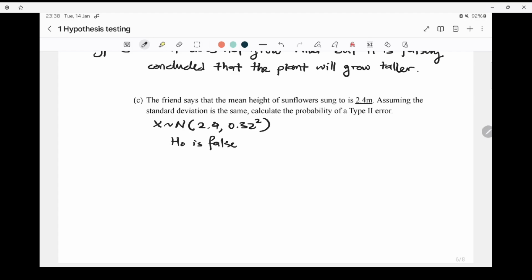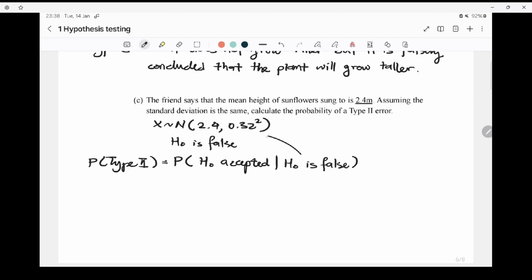So now you can calculate your type 2 error. Remember that for type 2 error, what you need to calculate is that you accept your H0 provided that your H0 is false. If you use this particular test statistic, you fulfill the condition. Now you need to define what you mean by H0 is accepted.